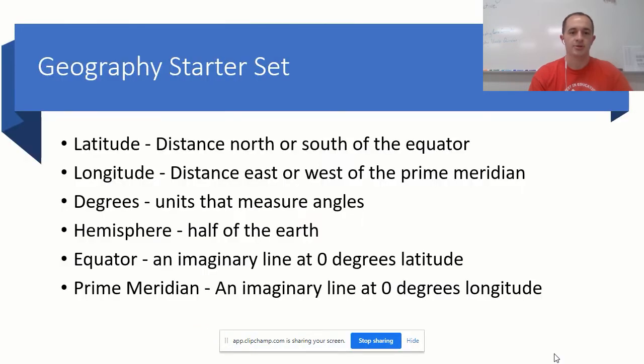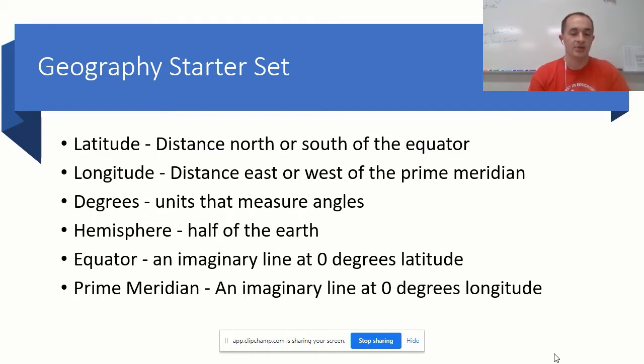Okay, geography starter set. So add latitude, longitude, degrees, hemisphere, equator, and prime meridian to your list of terms. We're going to be adding vocab to our ISN today. So latitude is the distance north or south of the equator, while longitude is the distance east or west of the prime meridian, and that is measured in degrees, which is units that measure angles.